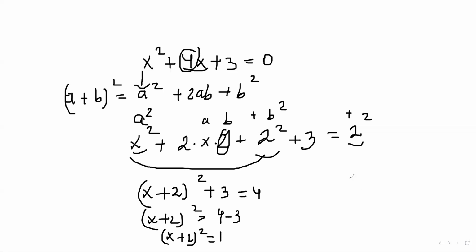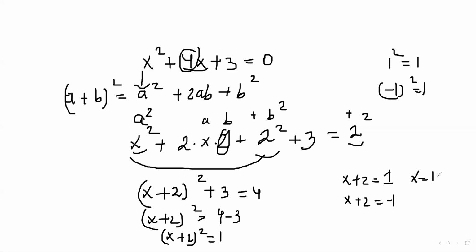There are two numbers. x plus 2 should be equal to 1 first, and x plus 2 should be equal to negative 1. So there can be two such numbers, 1 and negative 1. So 1 squared equals 1, and negative 1 squared equals again 1. So from here, x equals 1 minus 2, which is negative 1, and x equals minus 1 minus 2, which is negative 3. So the roots are x1 equals negative 1, and x2 equals negative 3.